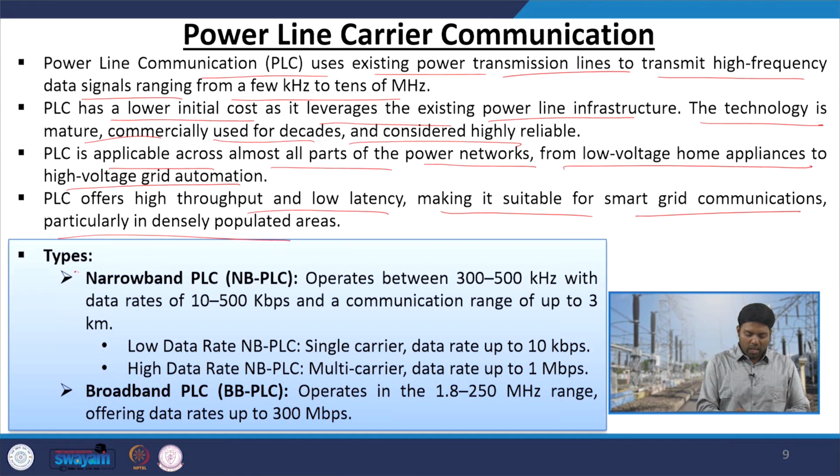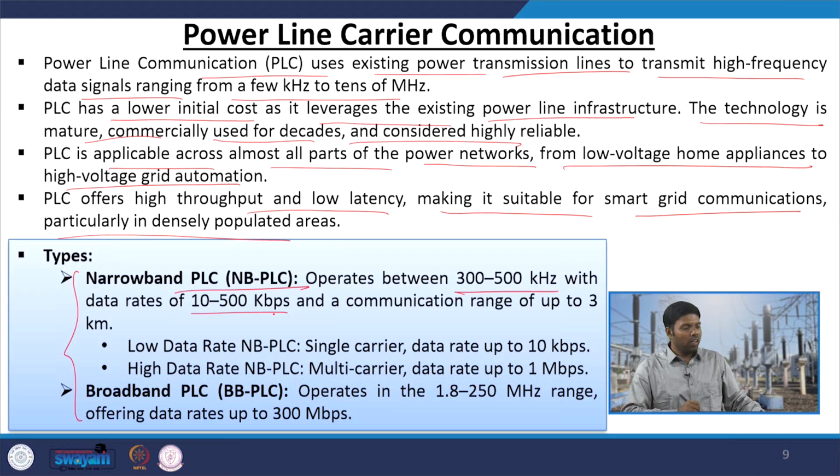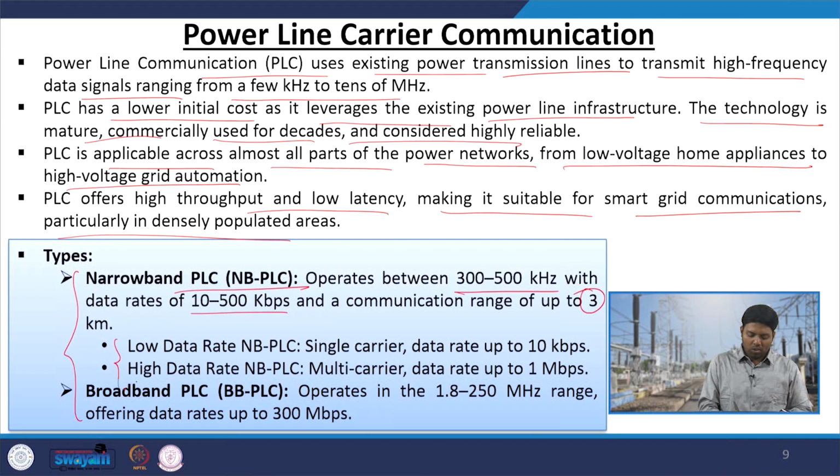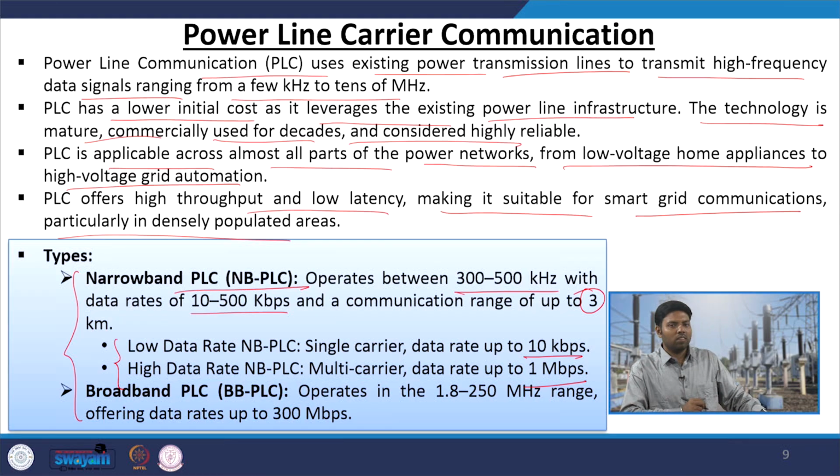Depending upon that, two kinds of PLC are there. One is called narrowband PLC, where the frequency is 300 to 500 kilohertz, the data rate is 10 to 500 kbps, and the range is only up to 3 kilometers. That is also divided into low data rate and high data rate: low data rate is about 10 kbps single carrier, and if it is 1 Mbps multi carrier, then it is a high data rate.